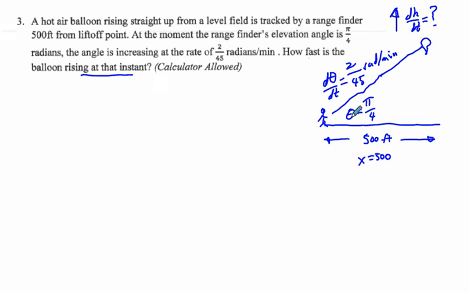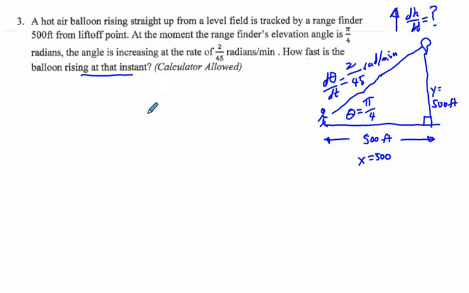Well, what do we know about the angle of pi over 4? That's the angle in a 45, 45, 90 right triangle, which means that y, this opposite side here, is also going to have to be equal to 500 feet.